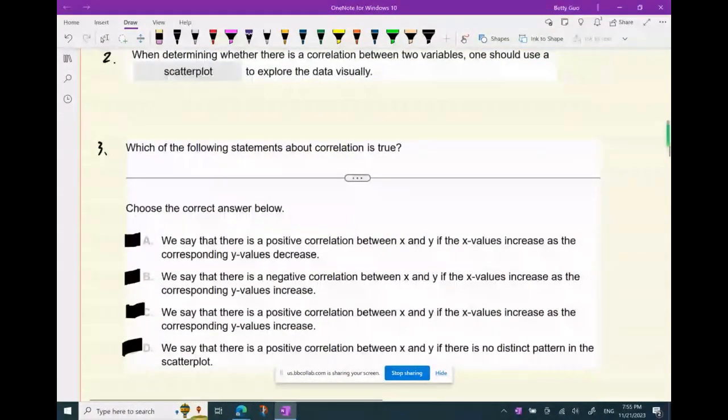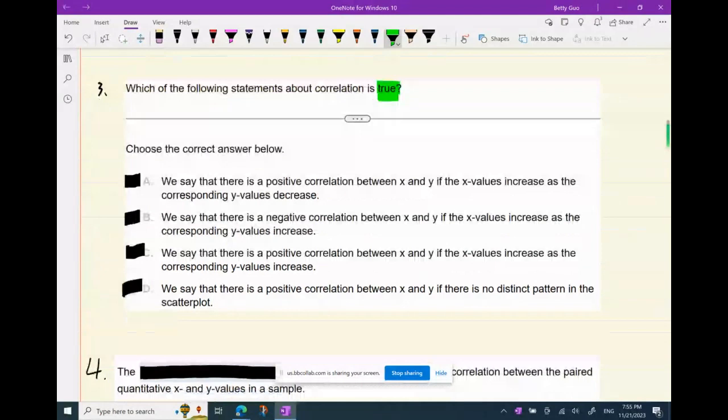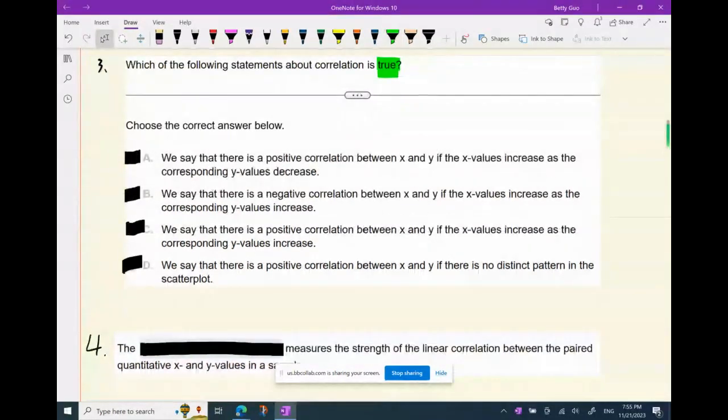Number 3, which of the following statements about correlation is true? Here we are looking for the statement that is true. A, we say that there is a positive correlation if the x values increase as the y values decrease.